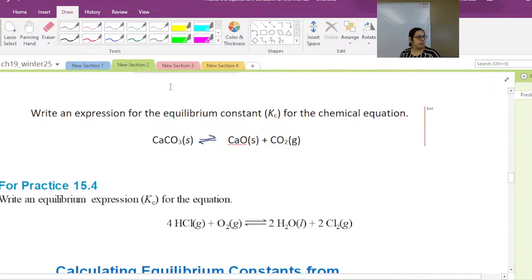What is it saying? So what's our Kc here?